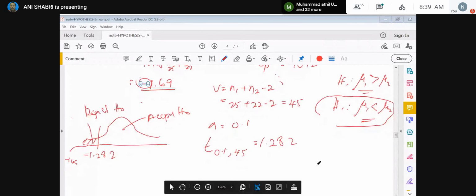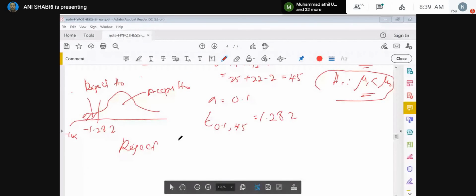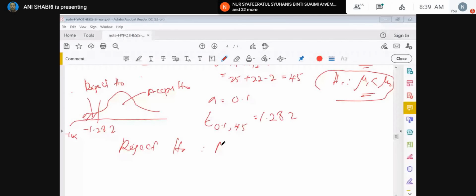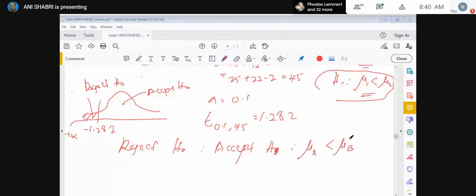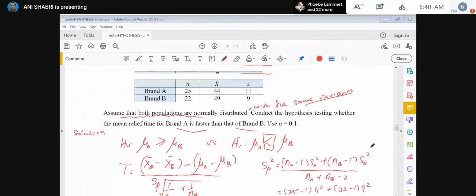But to accept H1, it is mean mu A less than mu B. It is mean the mean real time for brand A is faster than brand B. We can make conclusion. It is important. If you not write, we cannot get the mark.